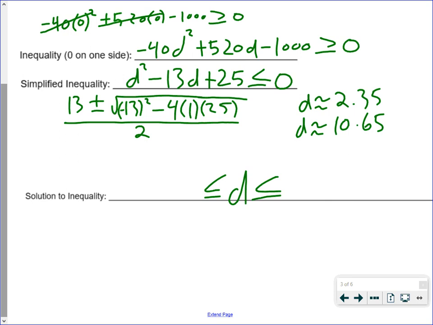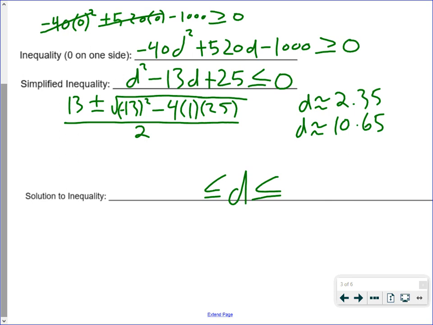But before we actually write out our solution to the inequality, we need to double check our critical values to see what actually makes sense. We're told in the problem that they can only increase the dues by $1 increments. So we can't actually increase the dues by $2.35. We have to either increase it by $2 or $3. So remember the inequality. We want a revenue of at least $13,000.